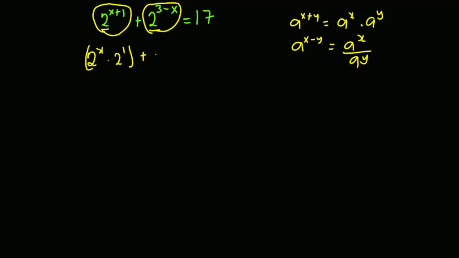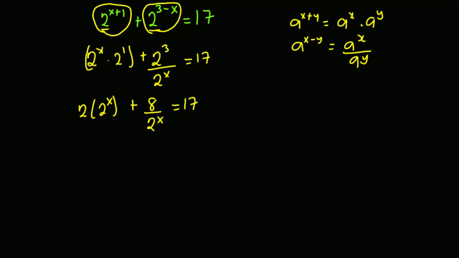So this is the same as 2 exponent 3 divided by 2 exponent x, and this is equal to 17. So this is the same as 2 into bracket 2 exponent x, plus 2 exponent 3 is 8, so 8 divided by 2 exponent x, and this is equal to 17.